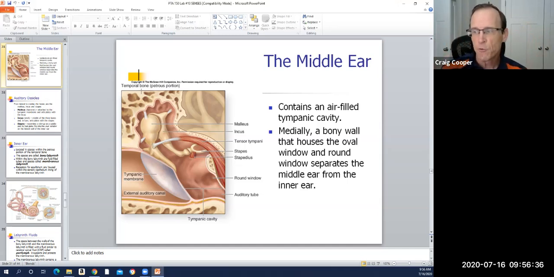So those muscles will reflexively create some more tone so that it makes it harder to move the bones that are attached to that eardrum. And if it makes it harder to move those bones, then it makes it harder to transmit that force over at the stapes to get into the cochlea. So it's protecting the cochlea.